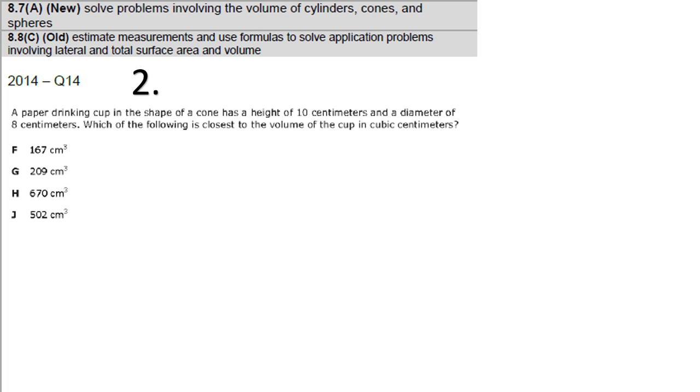Here's number 2. First thing we got to figure out is what type of shape are we talking about? The shape that we're talking about is, underline that keyword, a cone. And we are also talking about volume. So let's look at our math chart.